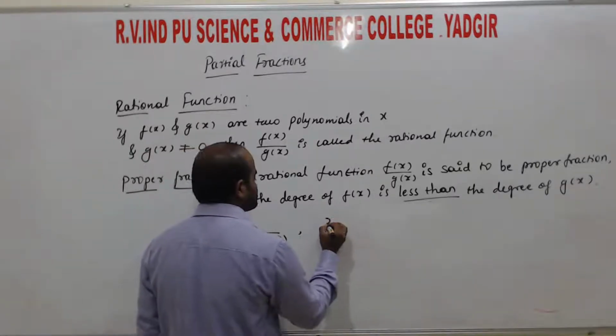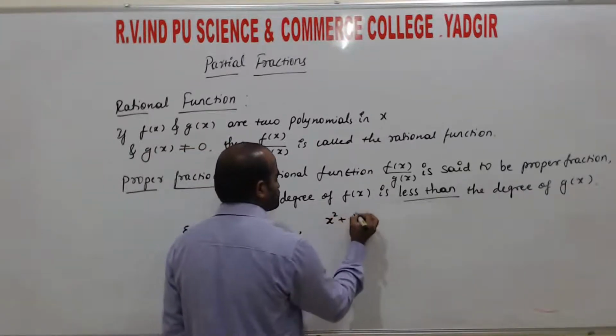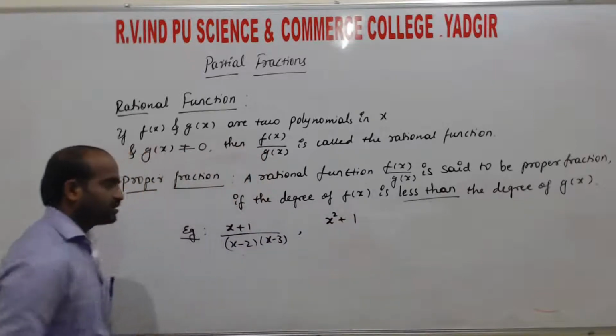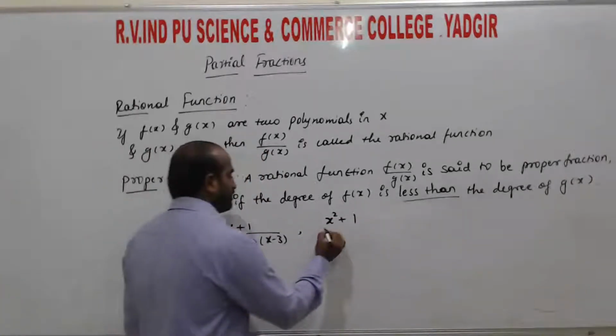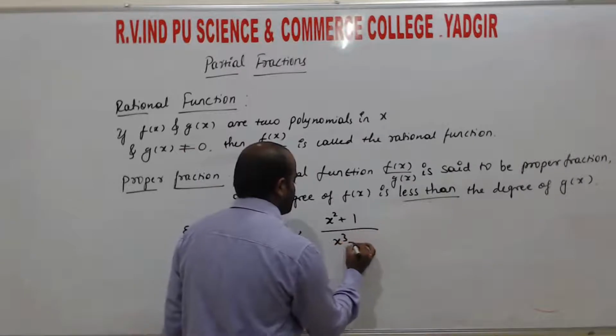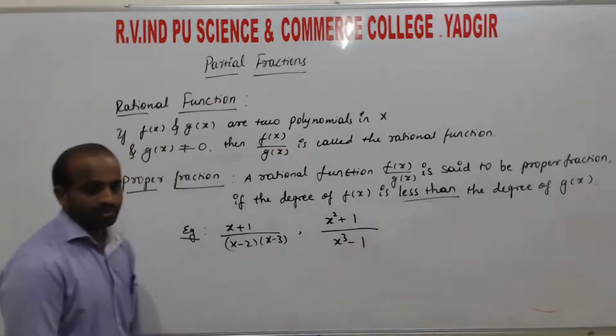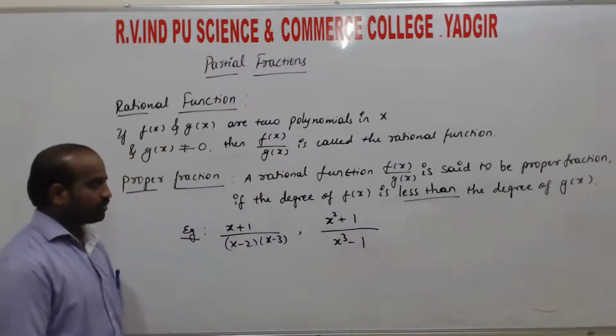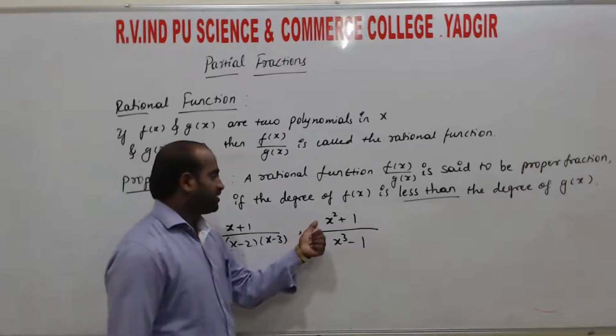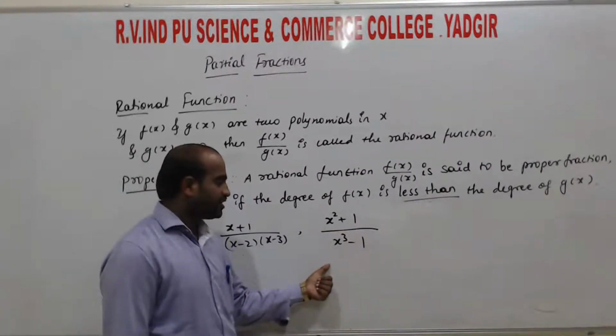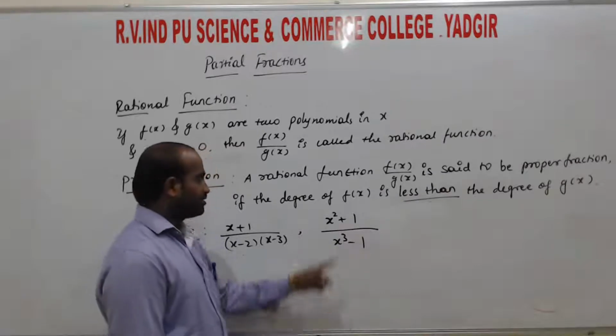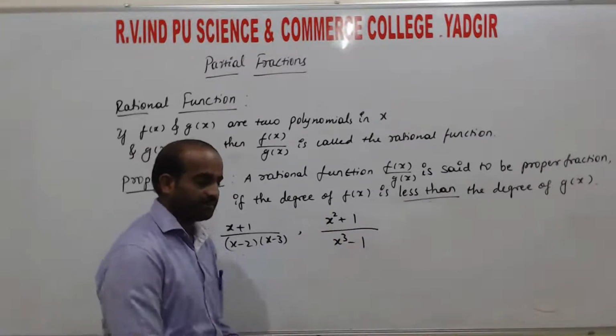Next, 1 divided by x square plus 1, divided by x cube minus 1. The degree of f of x is 2, the degree of g of x is 3.